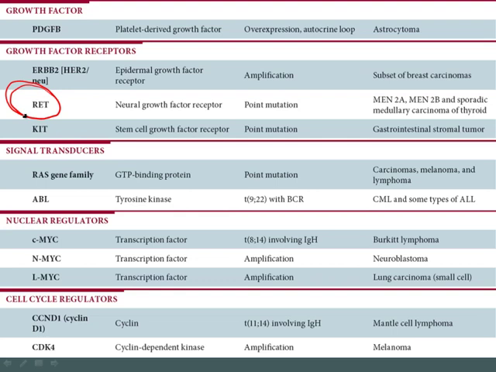This is a very high yield association because if you suspect MEN2A or 2B in a patient, let's say a patient has some of the other features, like pheochromocytoma and mucosal neuromas, as would be seen in MEN2B, then in those patients in whom you suspect MEN, you can do RET studies.